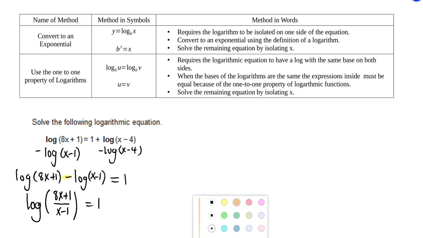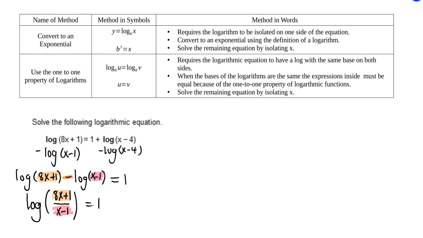So just to take a moment to clarify that quotient rule, this expression inside the log goes in the numerator because this log is positive, and the expression inside this log went in the denominator because that log was negative.